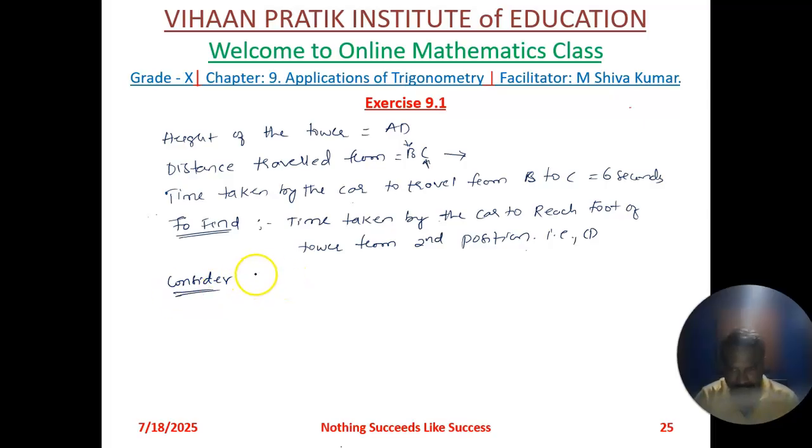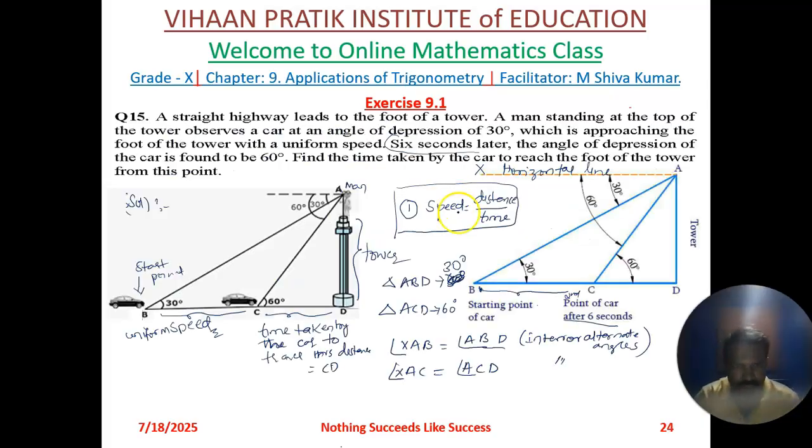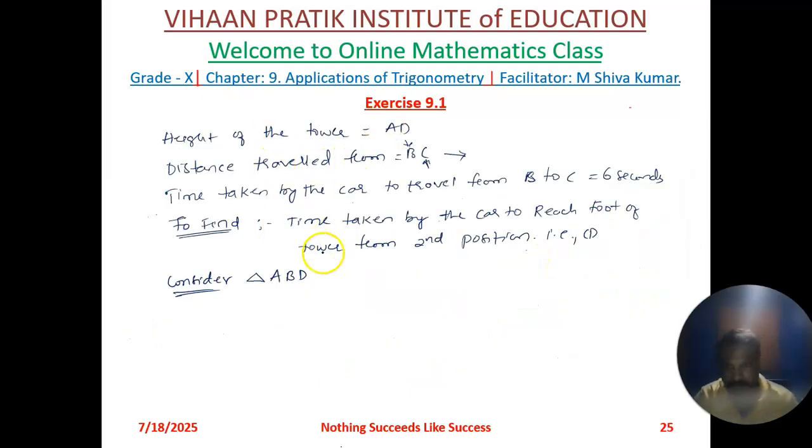So consider the larger triangle, triangle ABD. Now let's see what is ABD. ABD is 30 degrees. That is, tan theta equals opposite by adjacent.